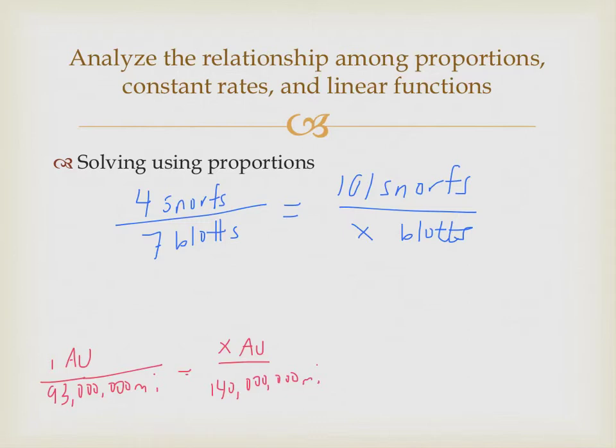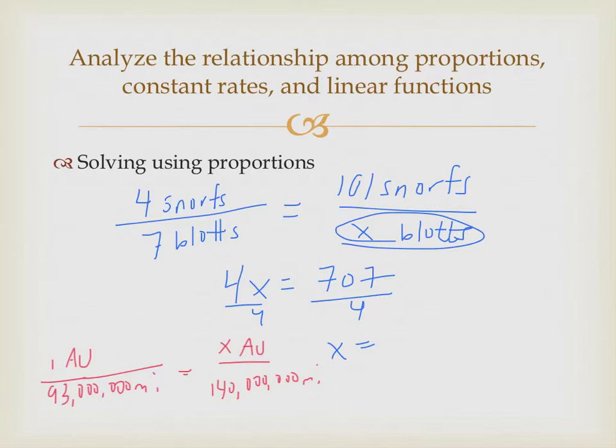So now, in this problem right here, we can just cross-multiply, which I hope you never tell your students to do. But in the essence of saving time, that's what we're going to do. We'll divide by 4. Remember, x is in blots.